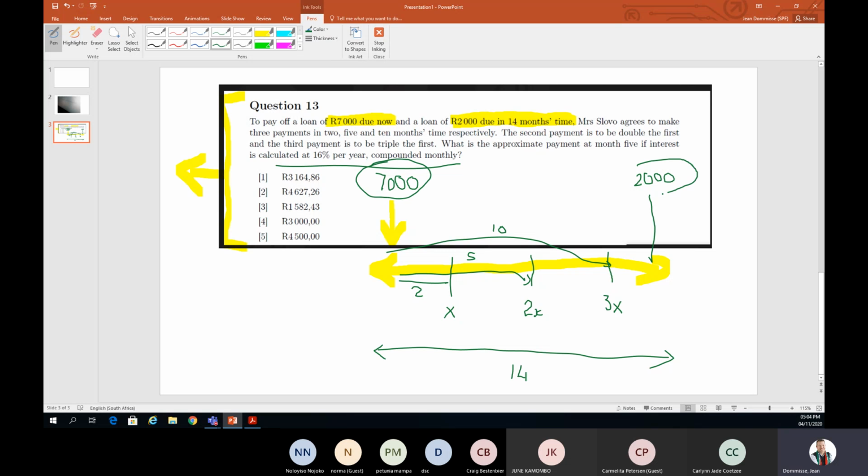Okay, so what we need to do is calculate, with those two, all the present value or the future value. You can decide which one we want to do.